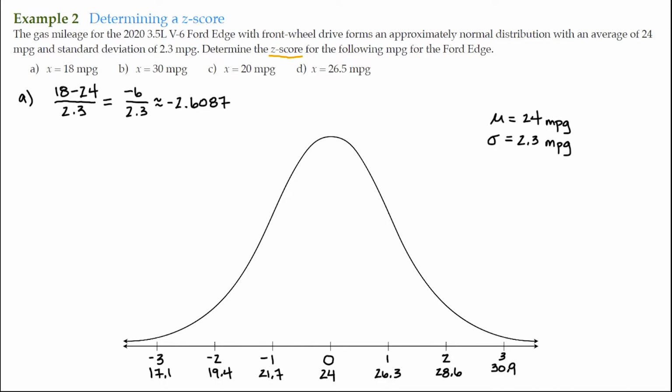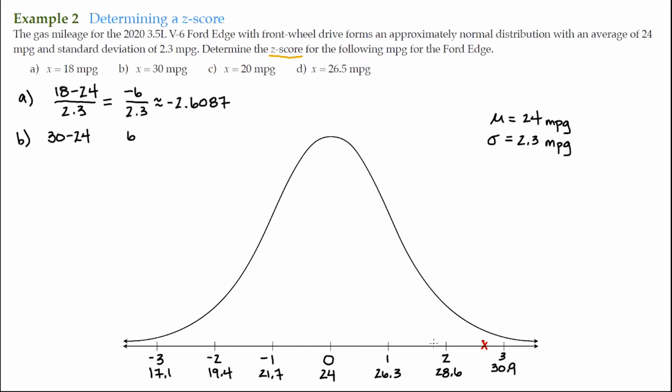We're going to use the same approach for letter B. x is equal to 30 miles per gallon. Well, visually, we just eyeball it, just take a practical sense. Here's 28.6, here's 30.9. So 30 miles per gallon is probably right around here. So it's somewhere between 2 and 3 standard deviations above the mean. So again, we'll just find out what it is. We'll take 30 minus 24, and that's positive 6.